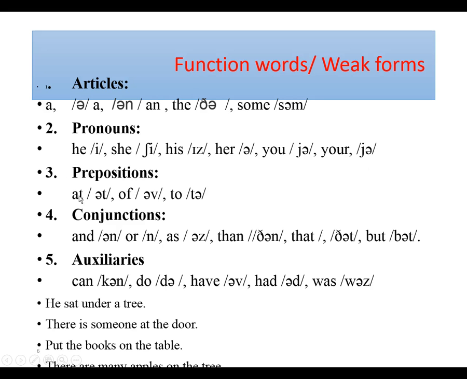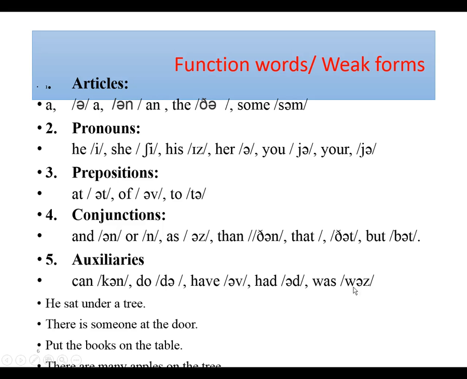Prepositions: at, of, to. Conjunctions: we have and, as, then, that, but, all include schwas, as you see, very weak. Auxiliaries: can, do, have, of, delete the h, had, delete the h, was.